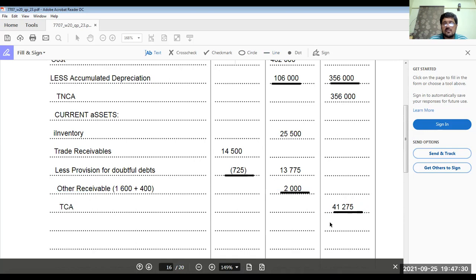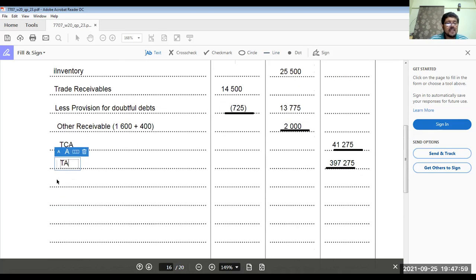Now here we will get total assets. 41,275 plus 356,000, 397,275. This is your total assets, TA. Okay. Now, liabilities heading.